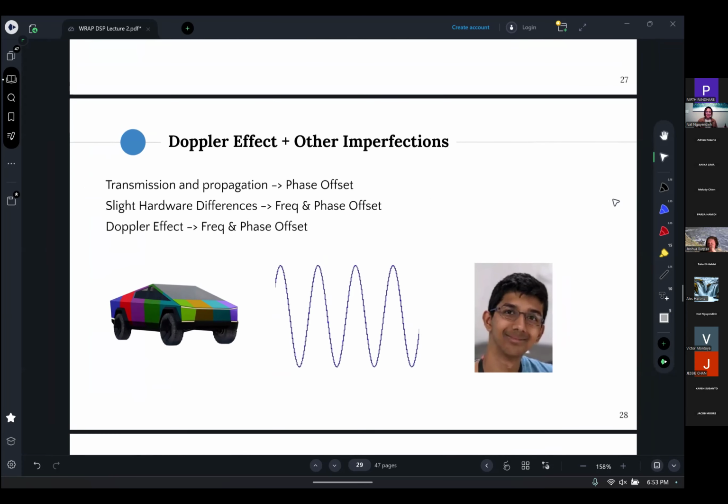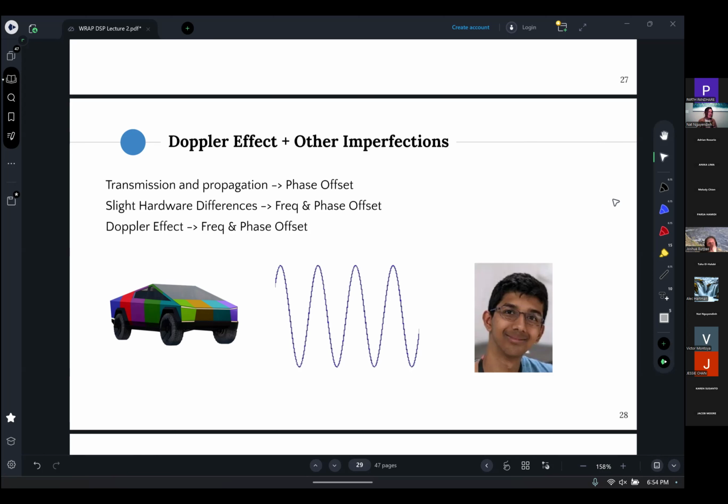And then here's just a little bit about where these phase and frequency offsets come from. One is just straight up the transmission and propagation delay. It's going to take time for electrical signals to travel between the microcontrollers and through our hardware, and also time for the wireless signals to transmit and then get received. So that's going to introduce some sort of phase offset. And then there are also slight hardware differences that could cause a phase and frequency offset.